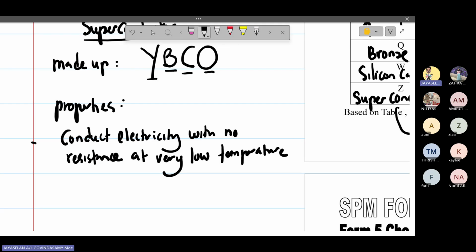Must have low temperature, very low even better. One more property: it has high magnetic force.